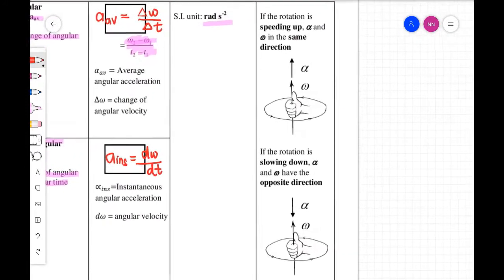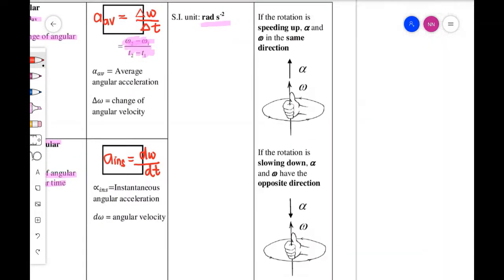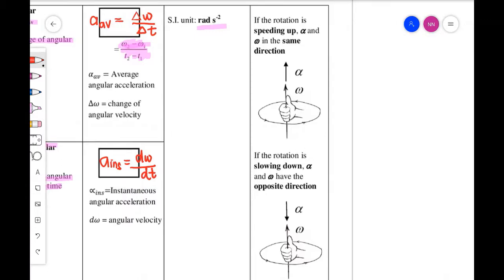Direction of angular acceleration can be determined using the right hand grip rule. If the rotation is speeding up, that means omega increases, so alpha and omega are in the same direction.